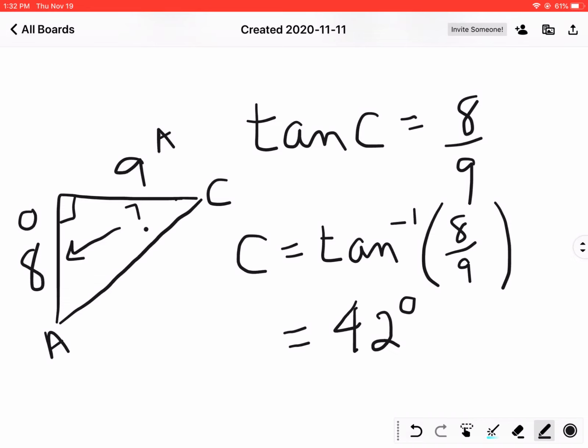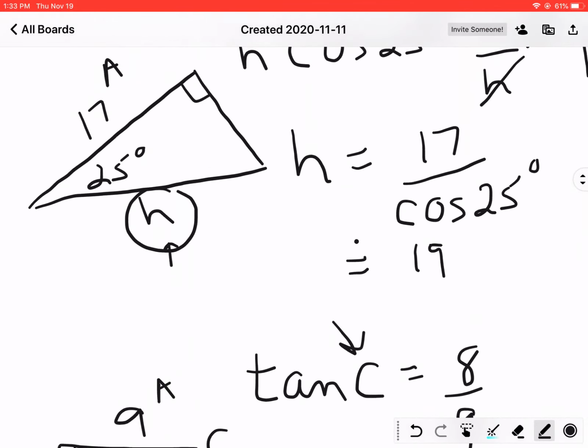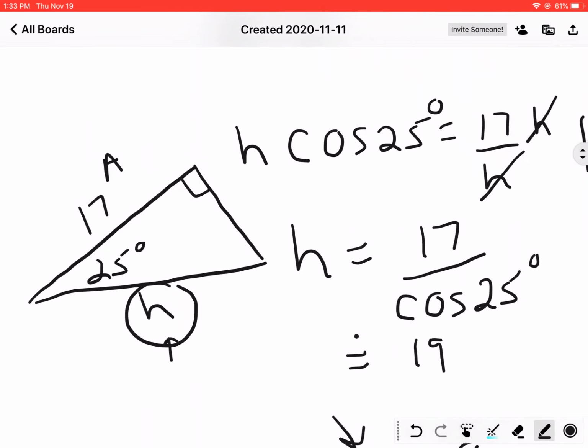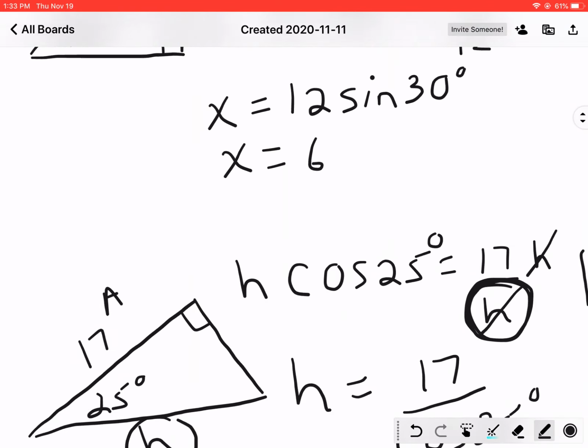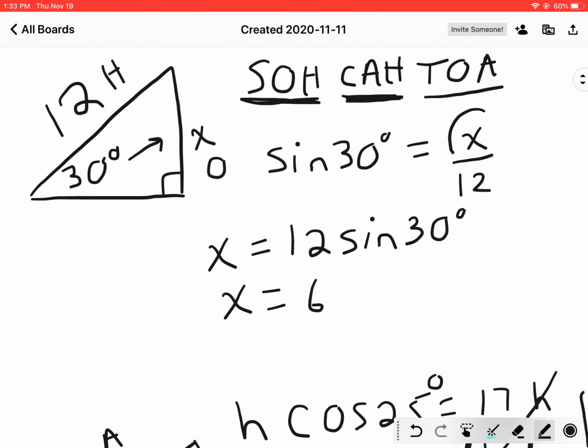The reason I did these three examples, this one, the variable was the angle. In this one, the variable was in the bottom. In this one, the variable was in the top.